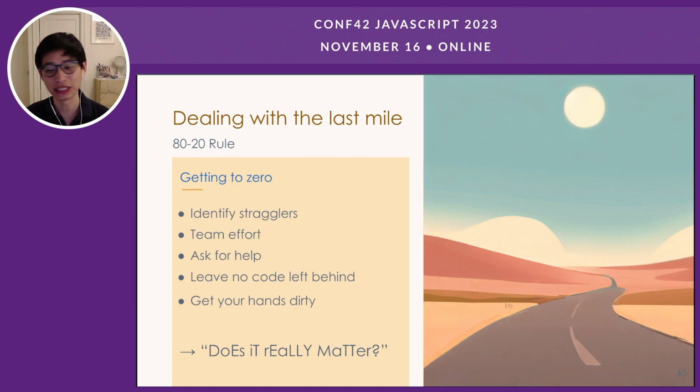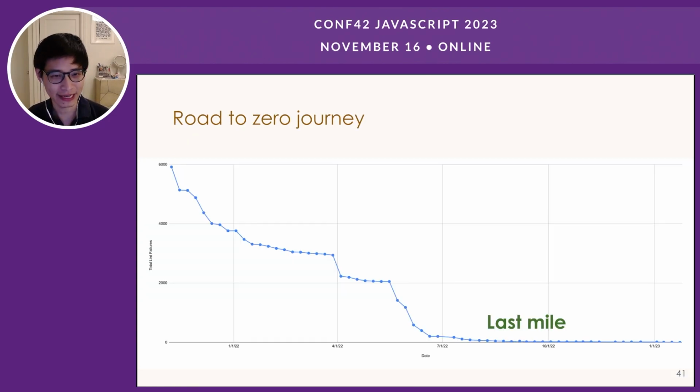You might ask, does it really matter? You got 80% down. That seems pretty good. But the last mile was really, really long. If you look at this chart, almost half of the chart is the 80%, and the last mile is another, almost a year, I think.